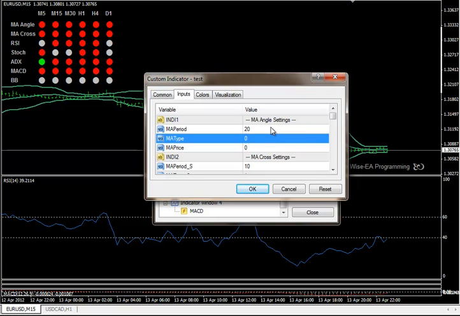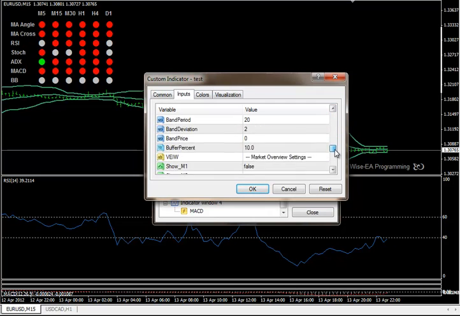So if the current bar on the specific time frame is higher than the previous bar, and then the angle is up, that means trend is up. If the current bar is lower than the previous bar, the angle is down, then trend is down. Of course, the indicator will take a look at all specific time frames you want to choose.